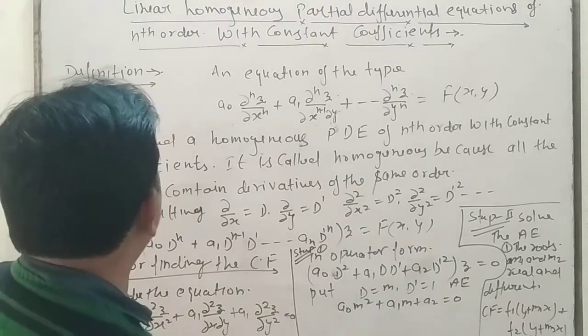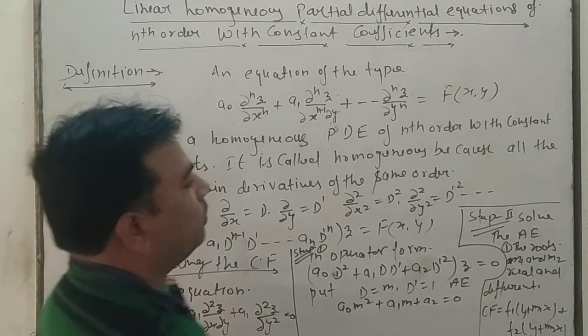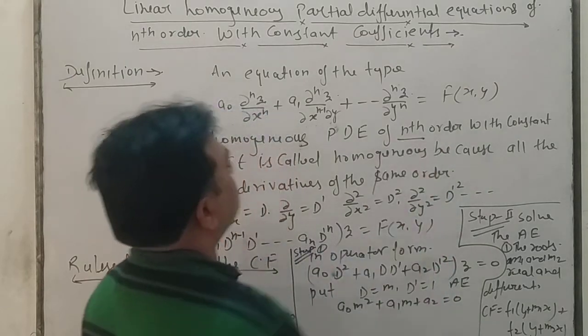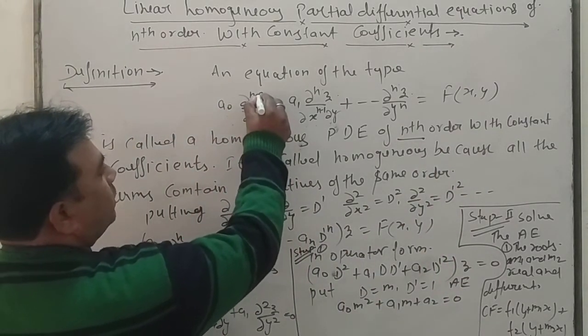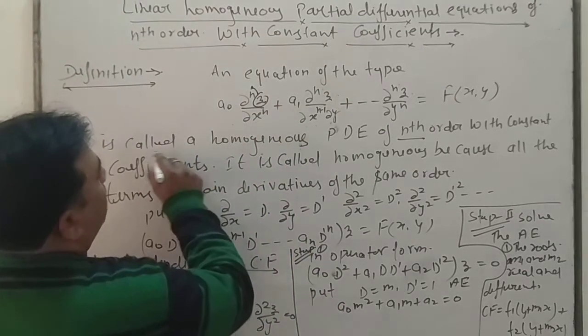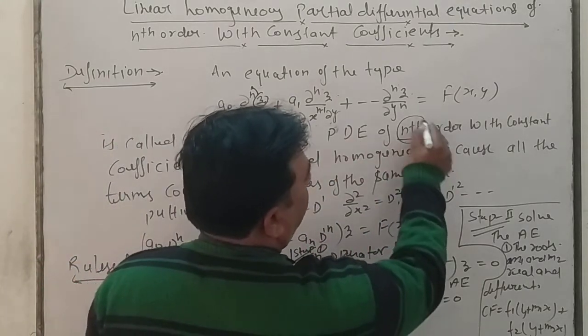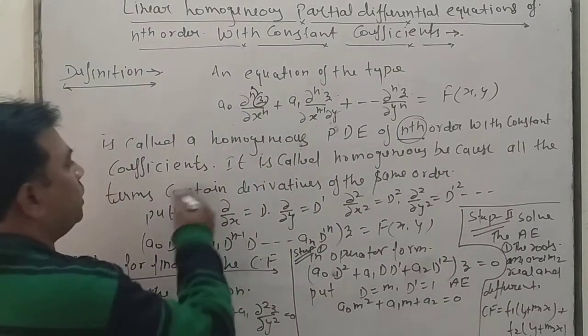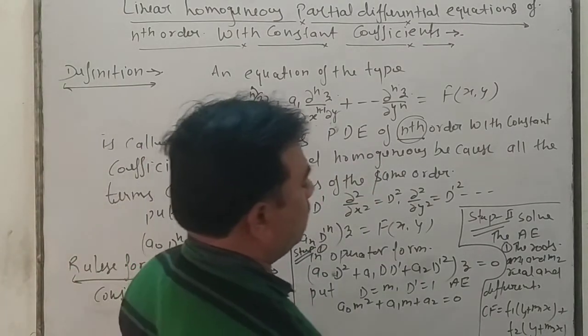In this form it is called the homogeneous partial differential equation of the nth order. You can see that z is differentiated n times, so we say it is a homogeneous partial differential equation of nth order with constant coefficients.